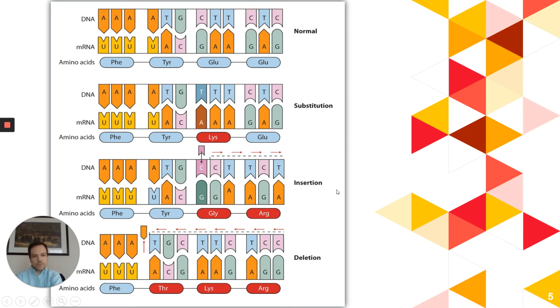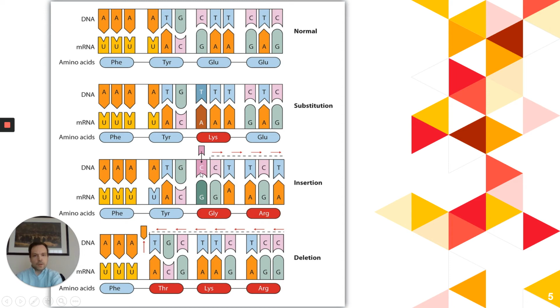We could, however, also have an insertion error occur. In that case, we've actually inserted an entirely new base in front of the code that was supposed to be there. So we see we're supposed to have CTT, but instead we have CCT, and the T that was on this codon here has instead been pushed to the right to go onto this codon instead. So therefore, we've inserted an entirely new base, another cytosine there.